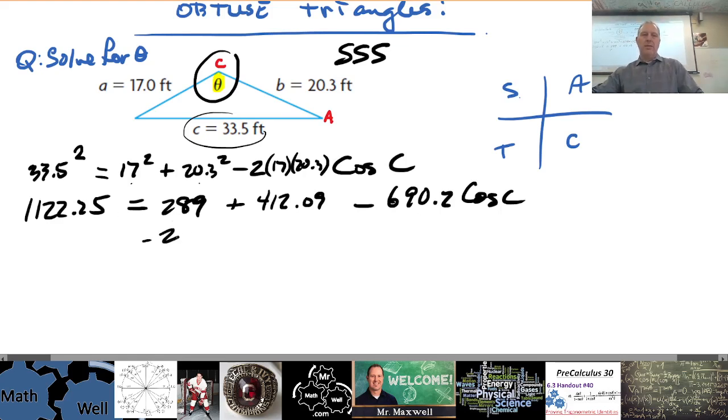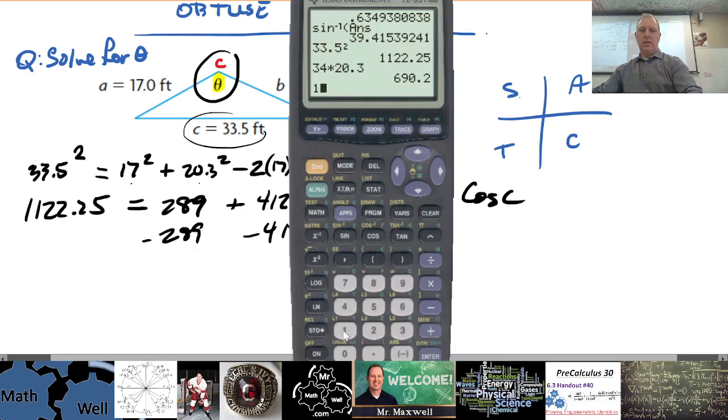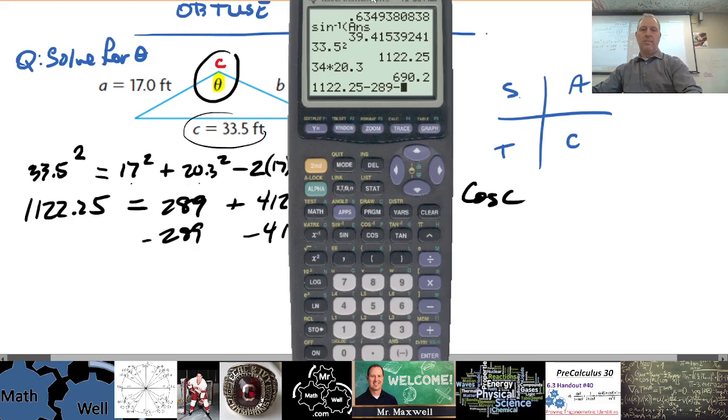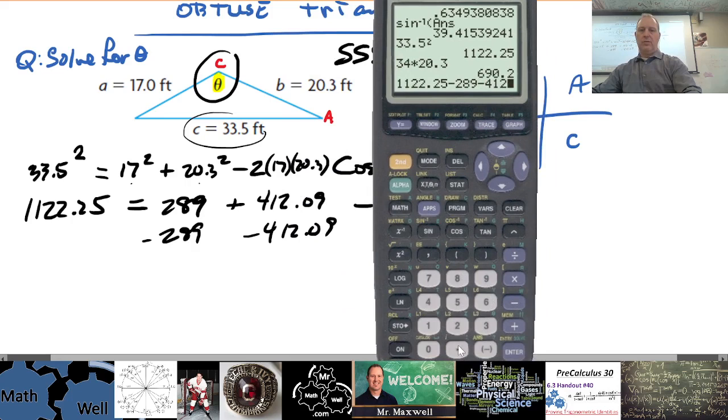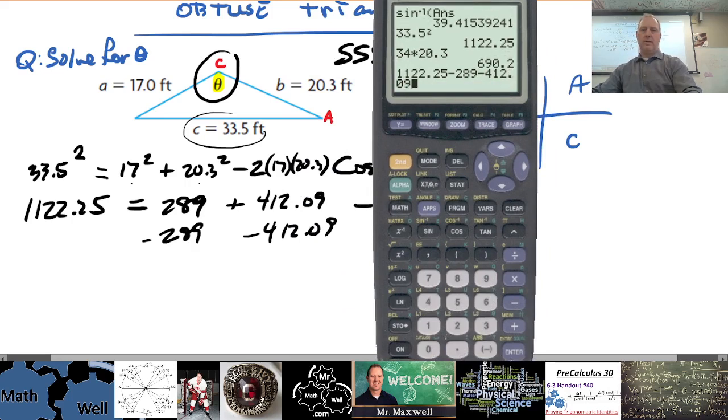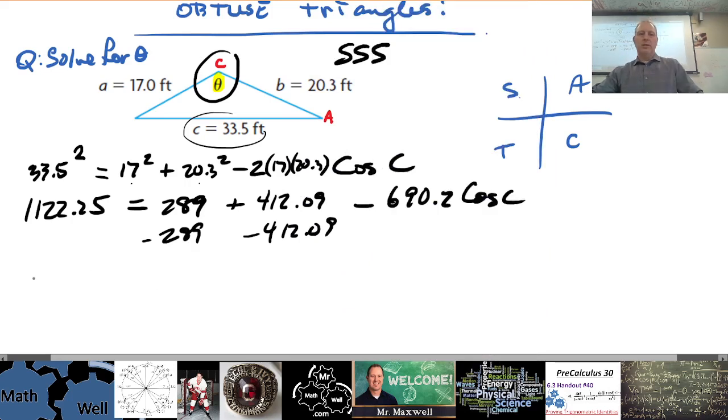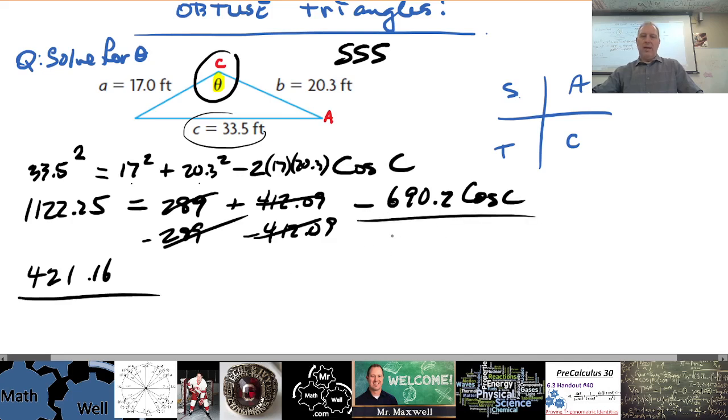I'm going to subtract 289 and subtract 412.09 from 1122.25. So 1122.25 minus 289 minus 412.09 equals 421.16. Okay? Divided by, and now I'm going to divide by this negative 690 number.